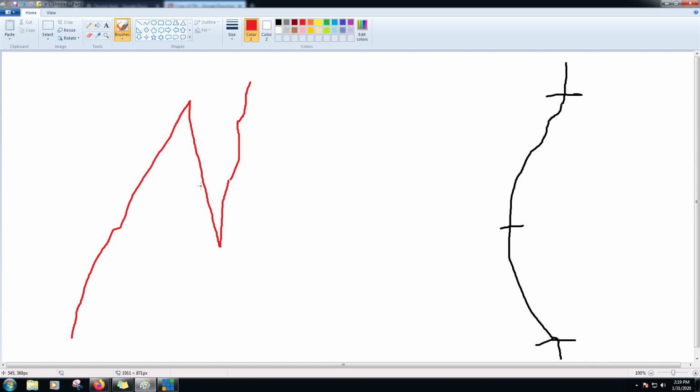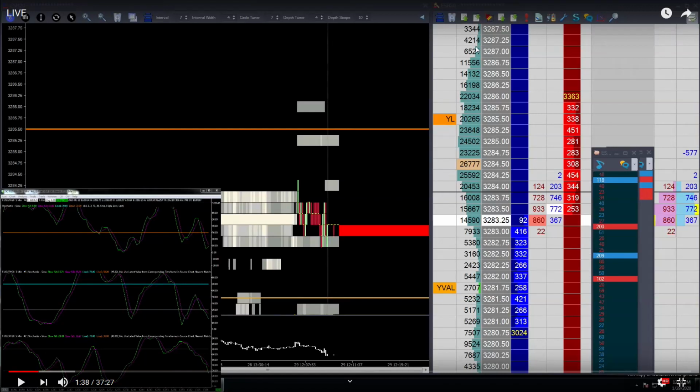That's the market auctioning, and these are buyers trying to explore new areas, okay? Now, the thing is, when we get up here and we're crossing this ragged edge of the profile, so if we're crossing into this 3287.50, you can barely see, that's sort of unexplored territory.